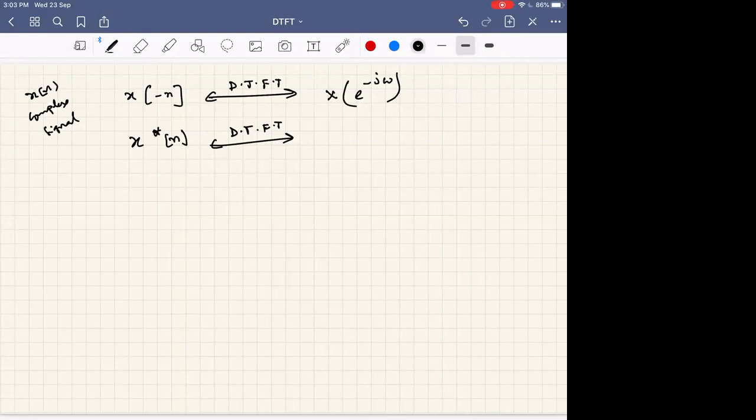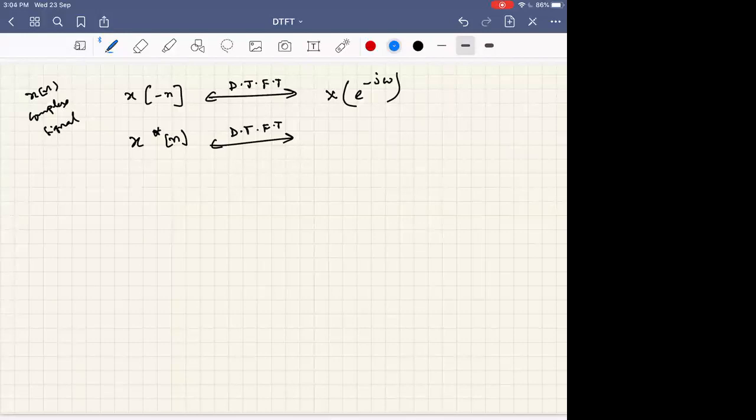How do I derive it first? If I want to find its discrete time Fourier transform, how do I proceed? Manmeet: Sir, we'll go by the definition of X of e to the j omega.